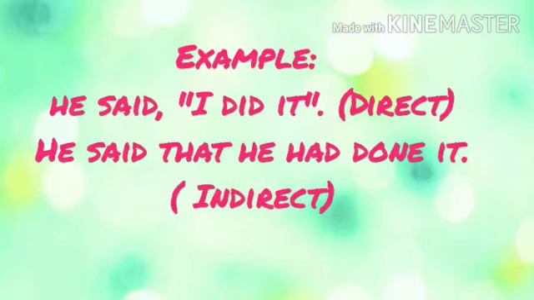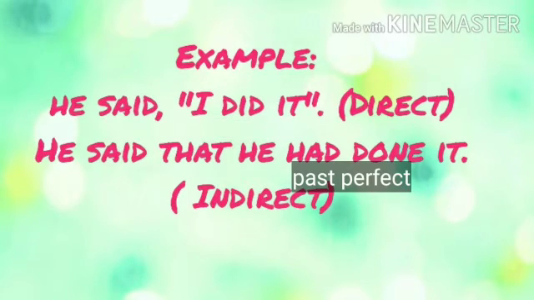Here in this example, the reporting verb is in the past tense and the verb of the reported speech is in the past indefinite tense. So while changing from direct to indirect speech, the tense of the indirect speech will be past perfect.